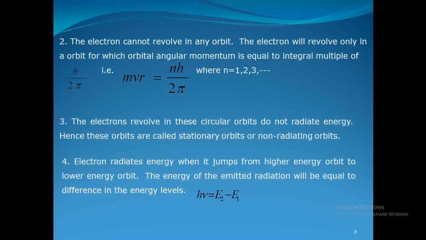So this is the fourth postulate: electrons radiate energy when they jump from a higher energy orbit to a lower energy orbit.